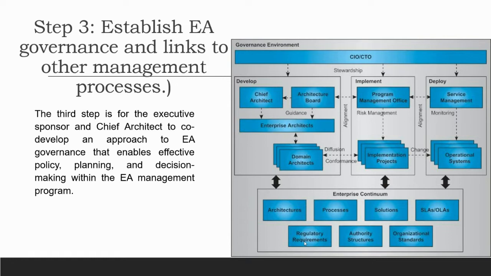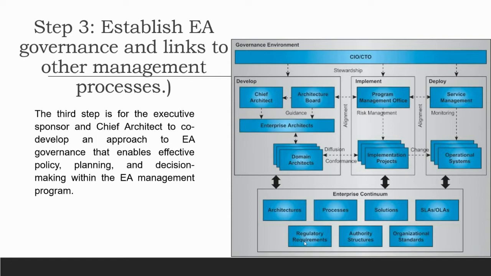As you can see in the figure, we have the CIO, or the chief information officer, and then on the development side, implementation side, and deployment side, we have different personnel: chief architect, architecture board, program management office, service management office, and so on.